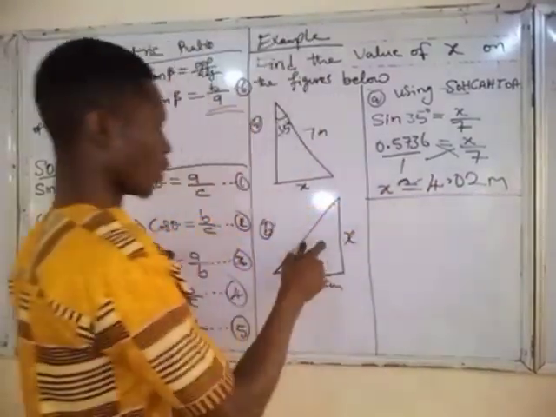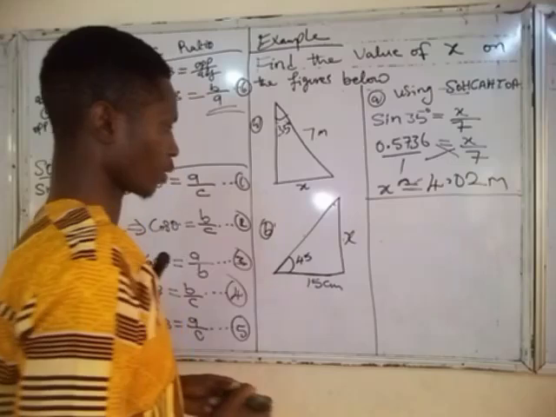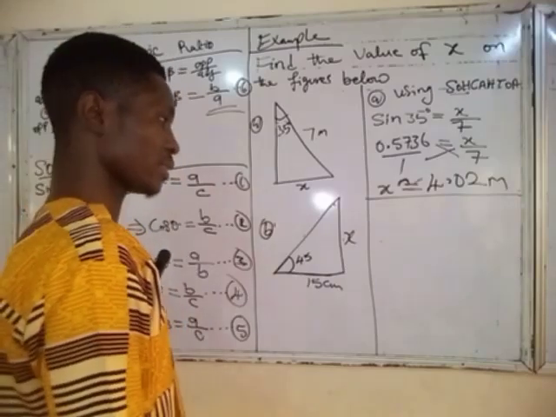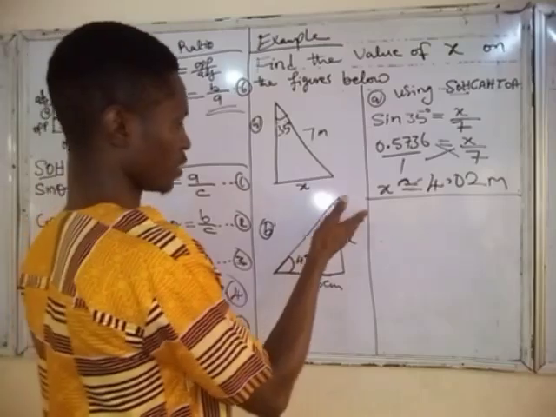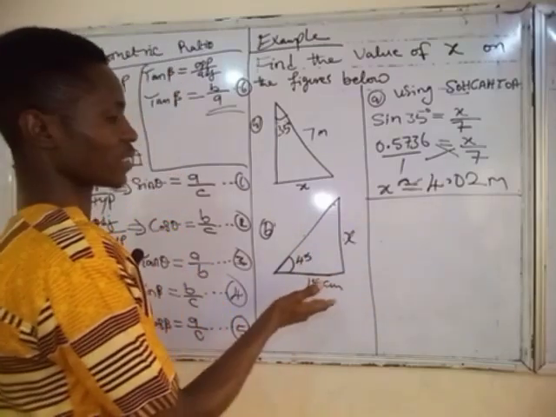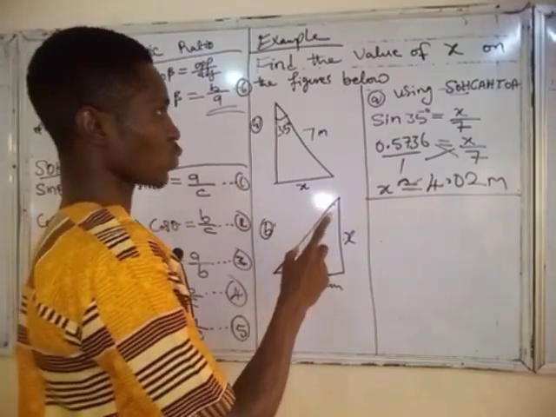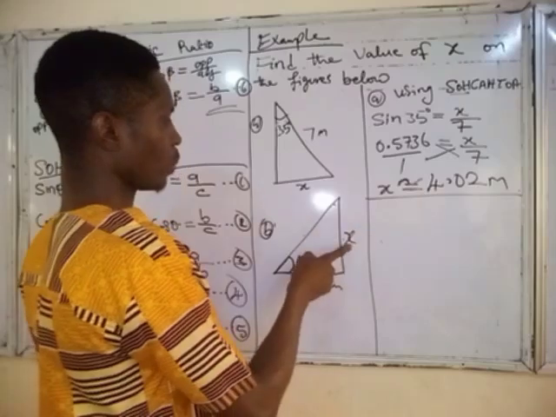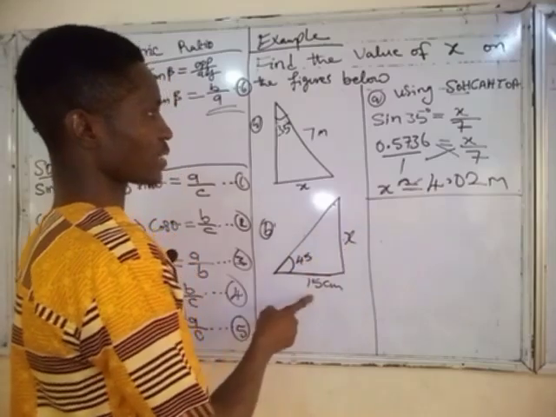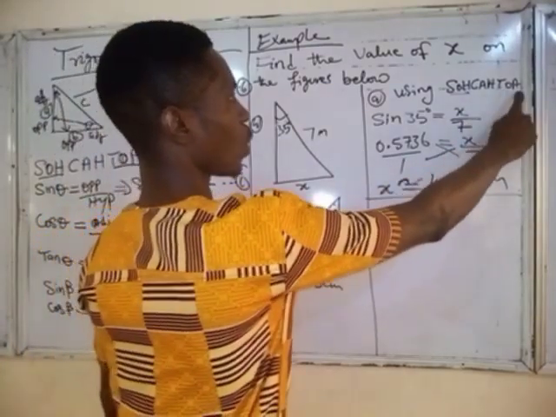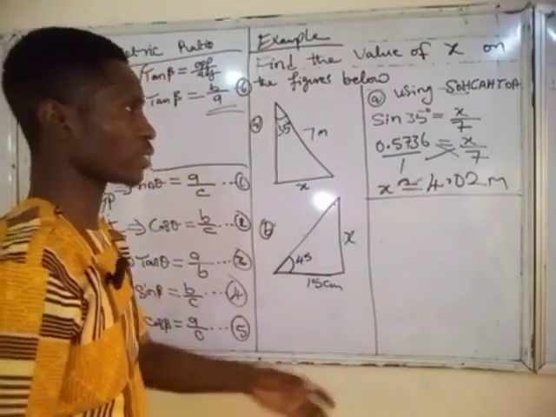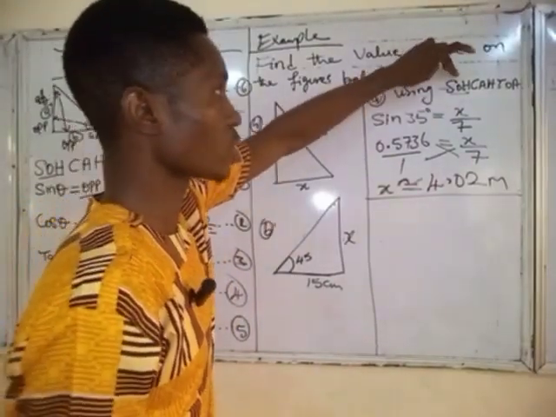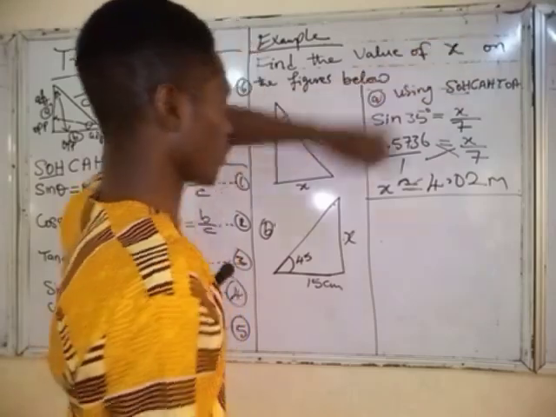Then for the second one, I look at it again. The angle is this way. This is the opposite. This is the adjacent. So by SOH CAH TOA, I know that opposite over adjacent is tan. That is TOA. So just for clarity, like I said, you have to check. SOH is opposite over hypotenuse.